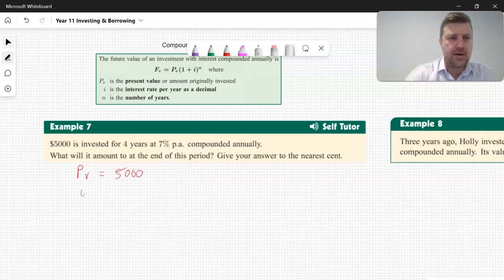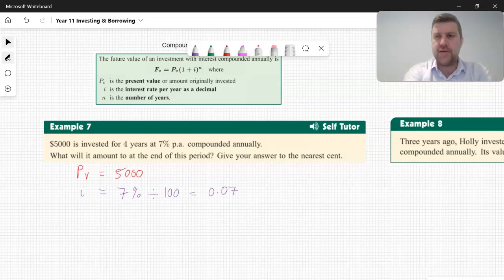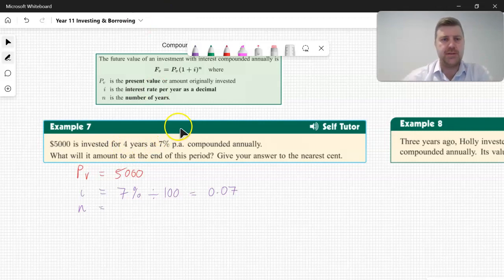The interest rate is 7% per annum, but remember, we're going to convert that to a decimal by dividing by 100. So that changes it to 0.07. And the number of years in this example is 4 years.